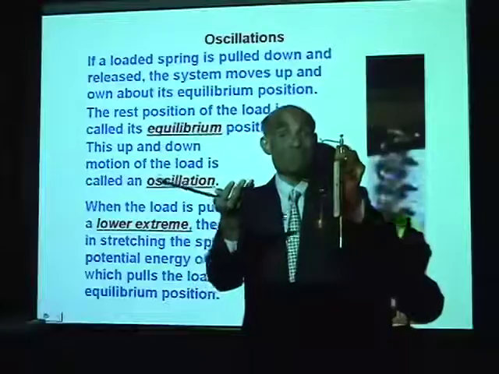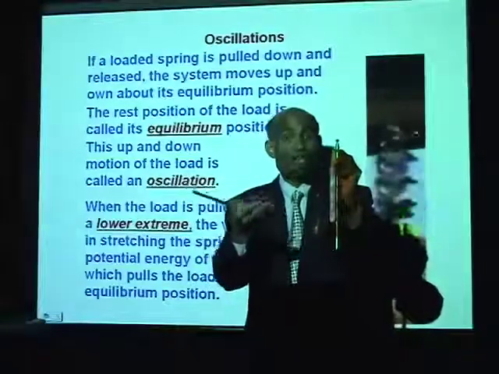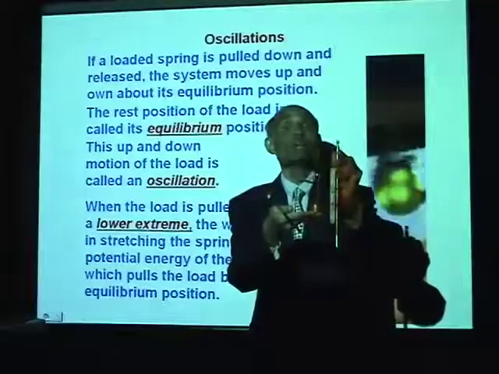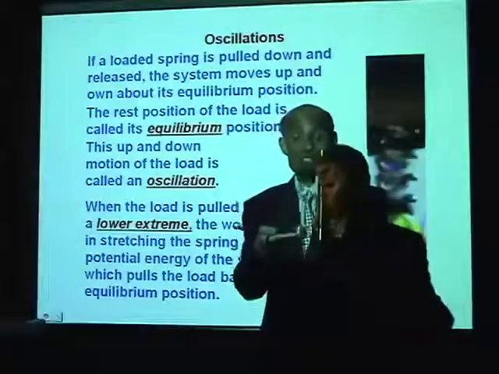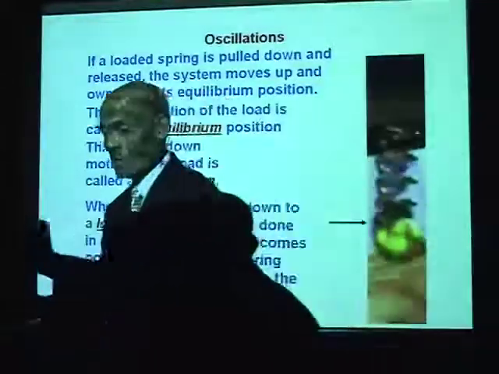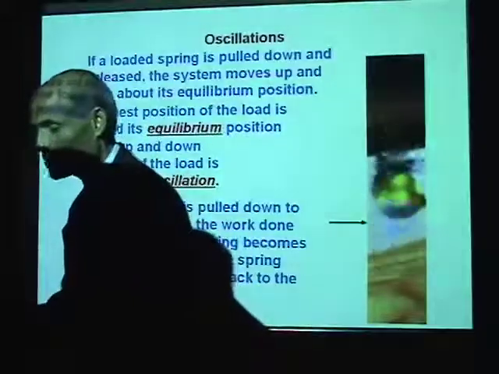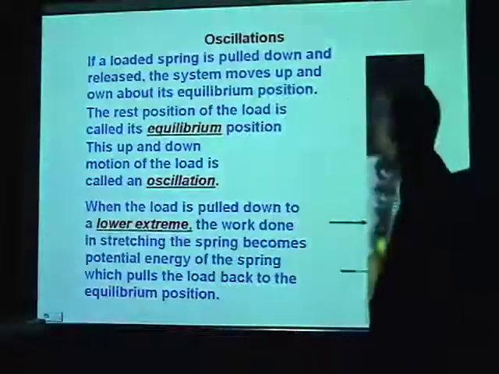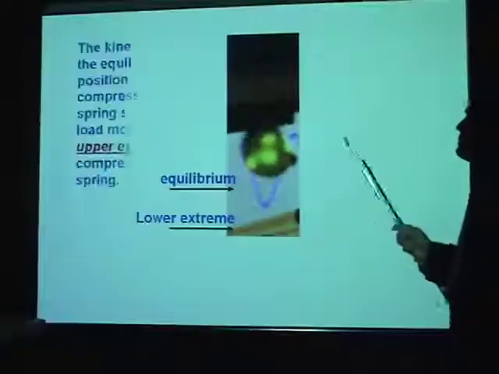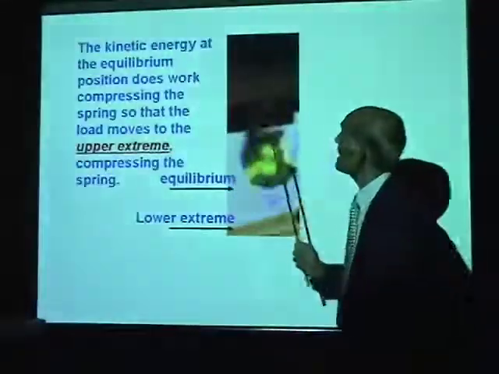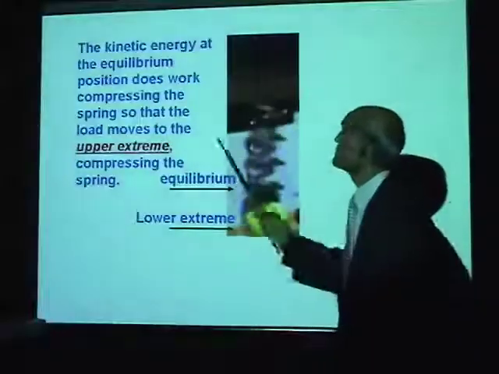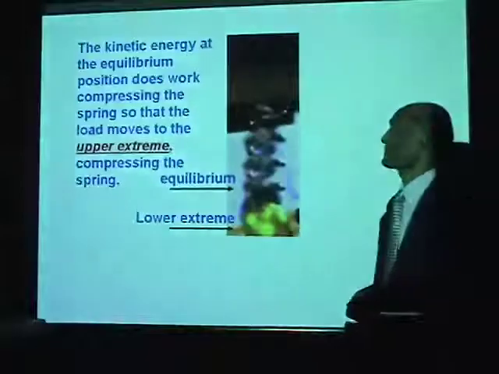And therefore, can it stop there? No, it is going to go up, compressing the spring, giving the spring again potential energy. So, let's now look at the energy conversions of the spring as this process happens. The kinetic energy at the equilibrium position does work compressing the spring so that it moves to the upper extreme.